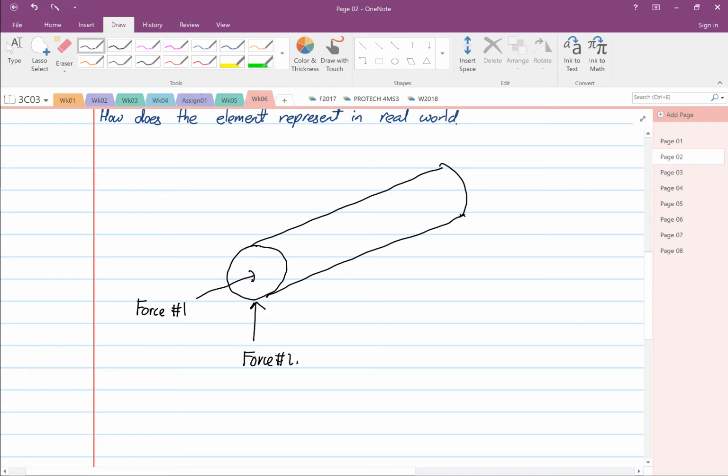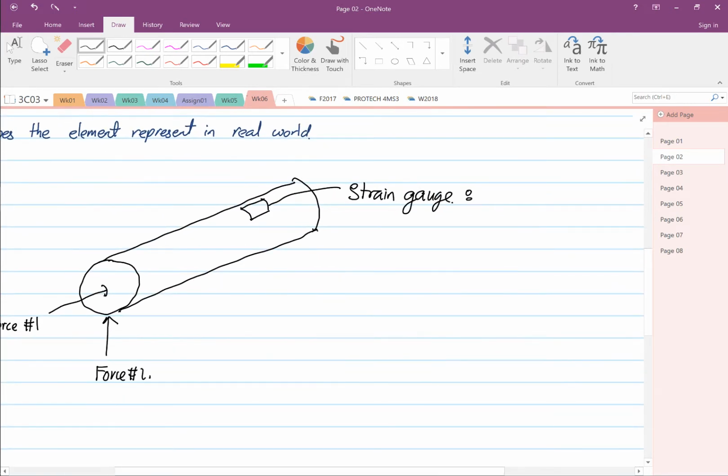Okay, then the square over here means this is a strain gauge. So a strain gauge changes its resistance upon loaded.